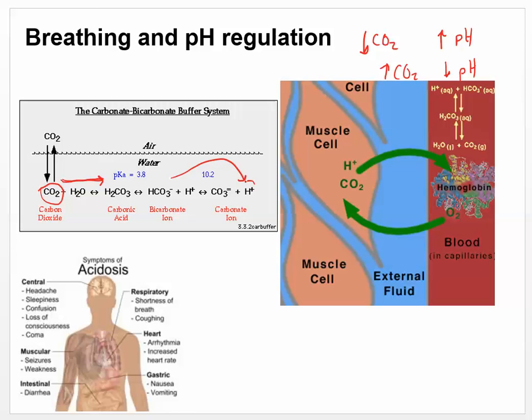I get more hydrogen. Remember, more hydrogen means acidic, and because the pH scale is backwards, people make this mistake all the time, and I'm so sorry that science did it this way. But as we increase the carbon dioxide, we also increase the hydrogen, which makes our pH go down, becomes more acidic. That's why it's this opposite effect.